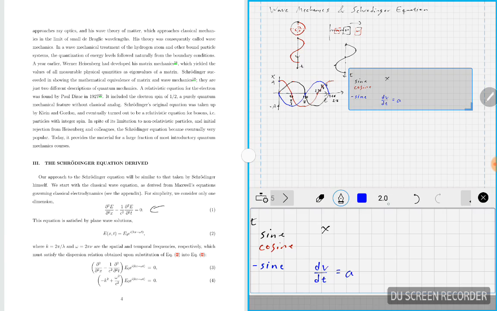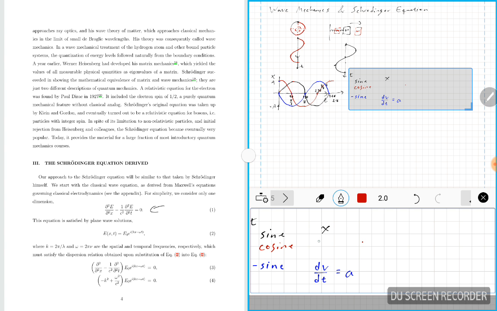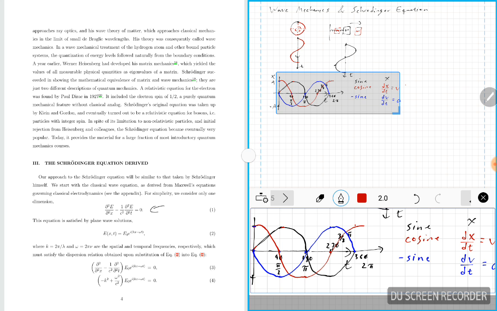So my position versus time graph, the slope of that gives me my velocity. If that was a sine wave, then my velocity is a cosine. If my velocity is a cosine, the slope of that cosine is a negative velocity sine.